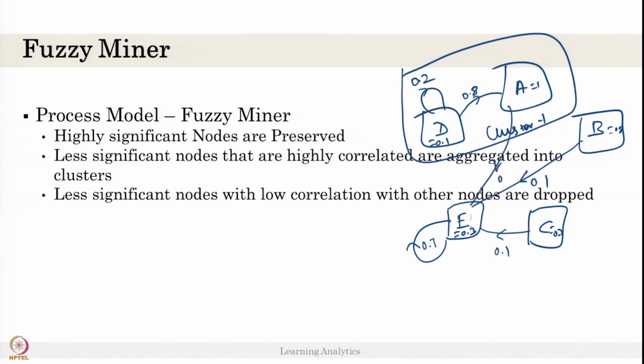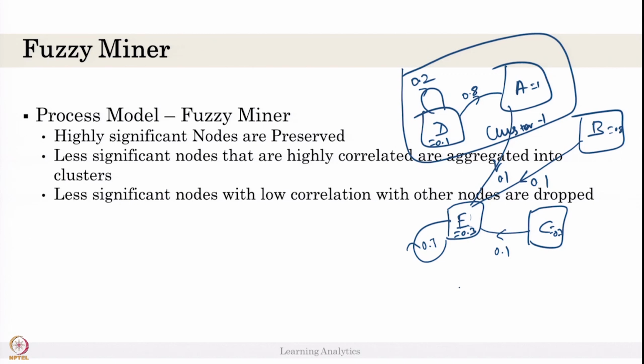It has very low correlation with any of the nodes, and it also occurs very few times, say 9 times out of A occurring 30 times. Then you can drop this particular node. This node is not correlated with any significant node, or this node is not significant at all. So, it can be removed to reduce the complexity of the process model.